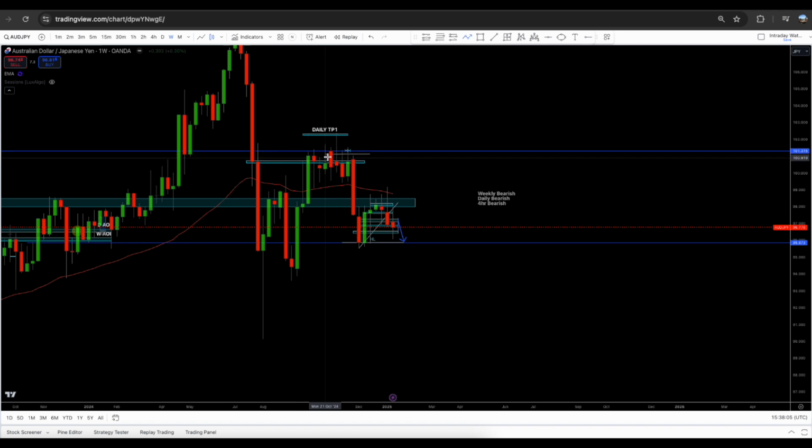But I went off the bias that price broke up to this area, broke down creating a higher low, then created a higher high, because price closed above this previous structure.